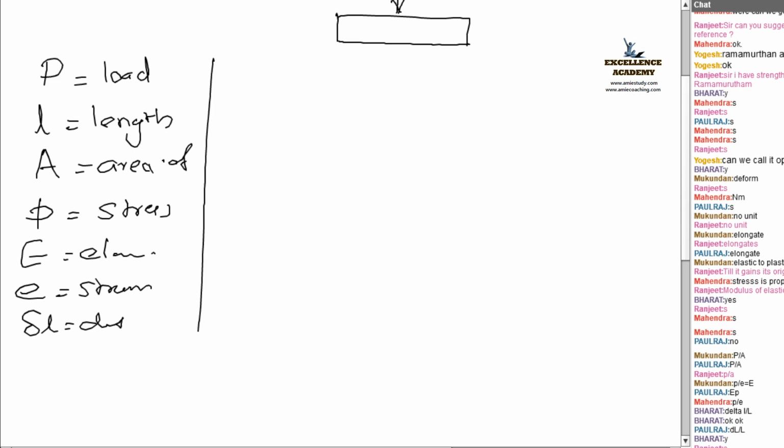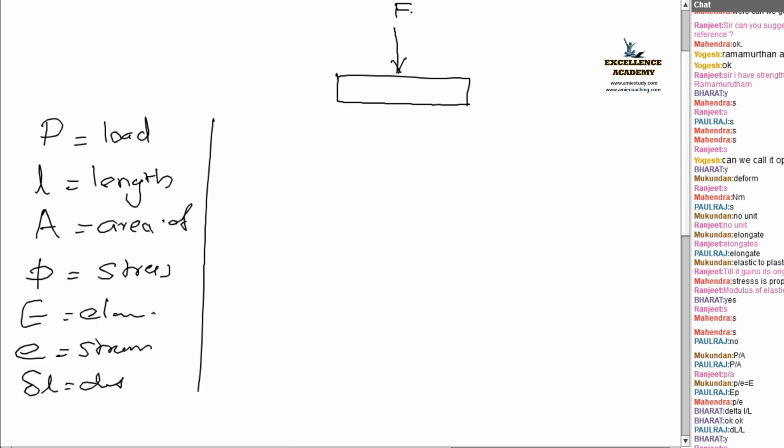Then, according to the stress definition, small p equals capital P by A. This is equation number 1.